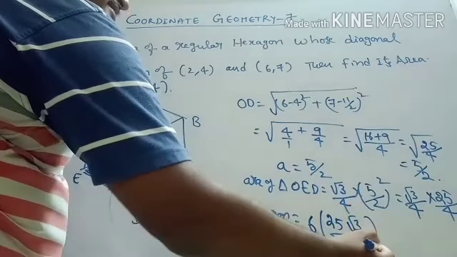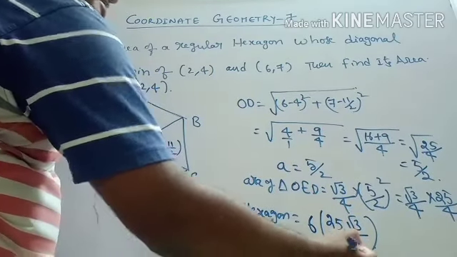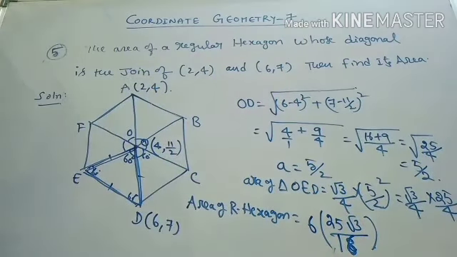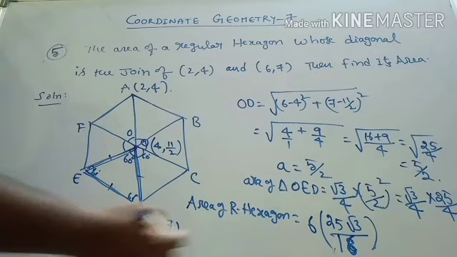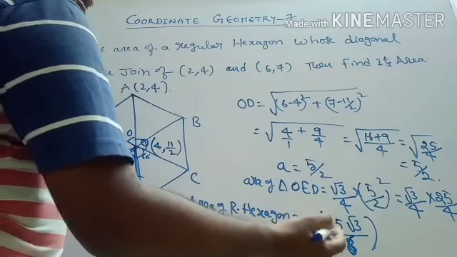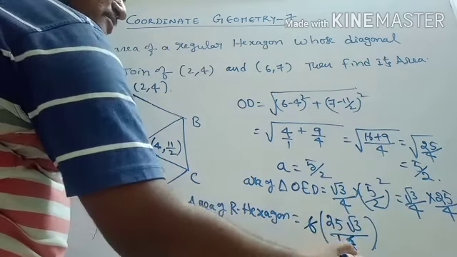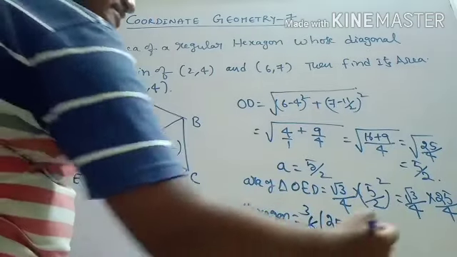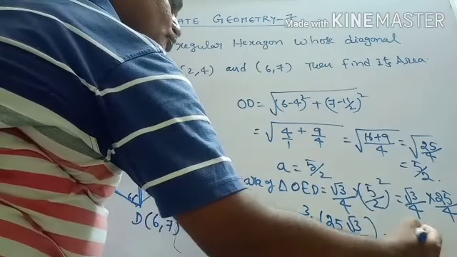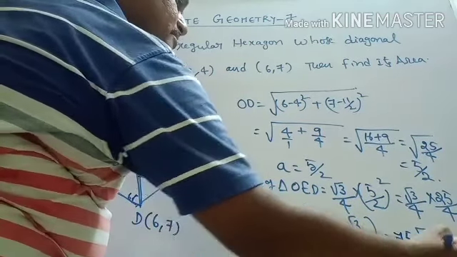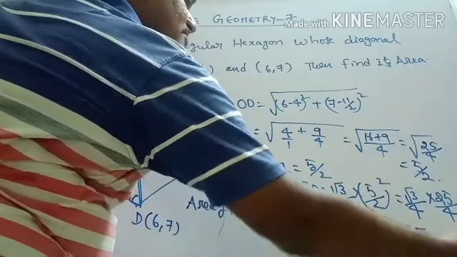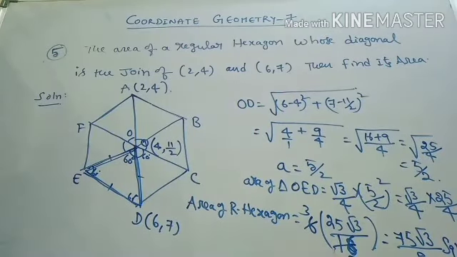Not 8, this is 16, because 4 into 4 is 16, right? We can simplify this: 2 8s, 2 3s. That means 75 root 3 by 8 square units. Square units we have got like this.